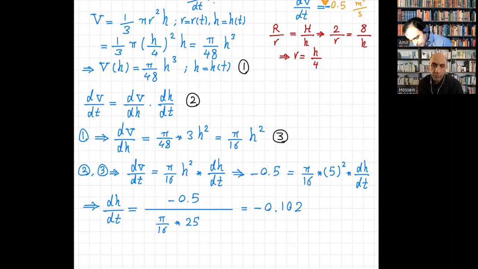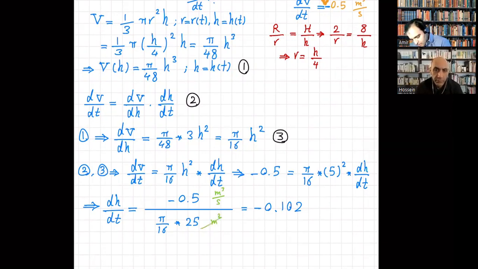And what would be the unit here? Yeah, the unit. Let me just look at that. 0.5 is cubic meter per second. In here, this 25 is unitless. This was height, 5 meters squared, so it is meter squared.